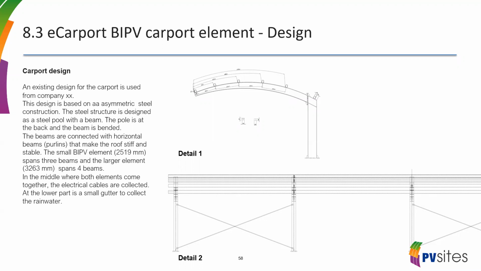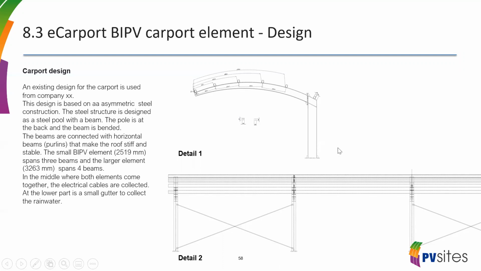So what's happening, you have a concrete base. On the concrete base, you mount the poles. Go to the next picture. You mount the poles, and over the poles, you make the horizontal profiles that make the whole structure stable. Then over this, you just mount your modules.